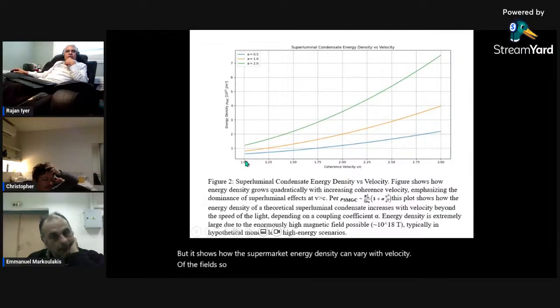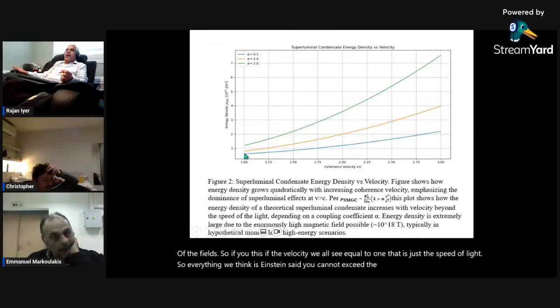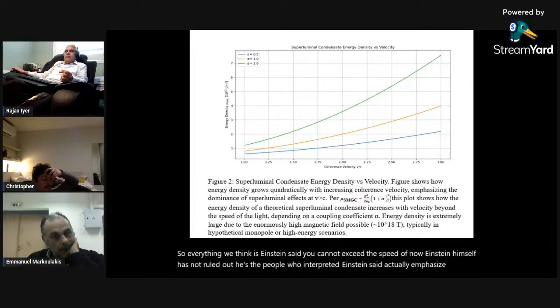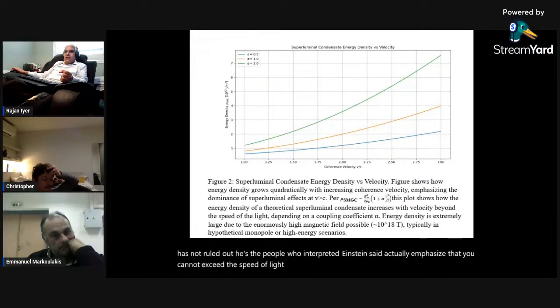So if the velocity v over c equals 1, that is just the speed of light. So everything we think is, Einstein said you cannot exceed the speed of light. Now, Einstein himself has not ruled it out. It's the people who interpreted Einstein who actually emphasized that you cannot exceed the speed of light. Einstein himself was not all that particular about determining the speed of light, but it helps with special relativity and conservation, things like that.